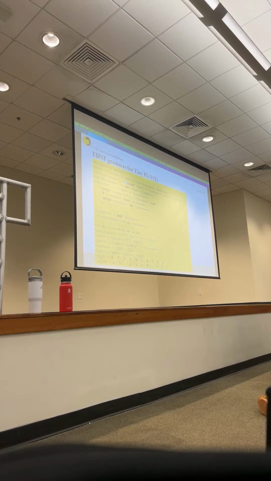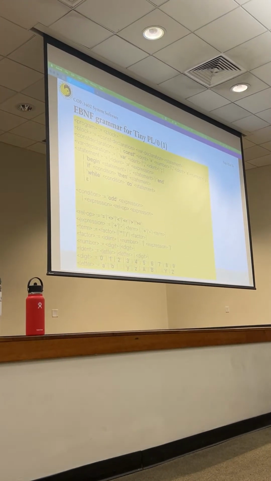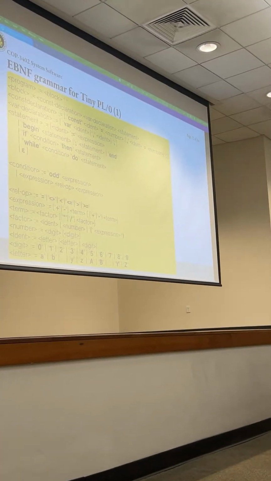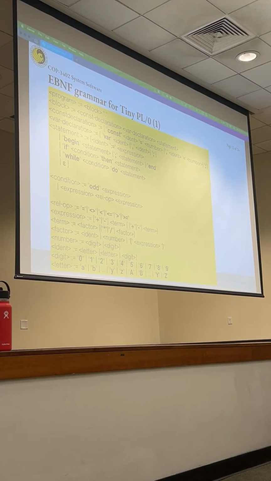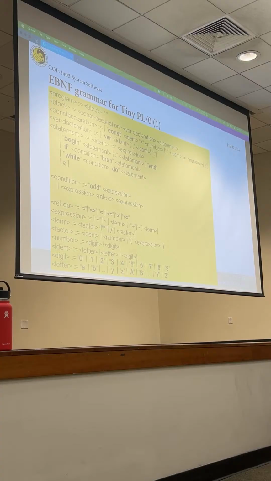Okay, but why is it considered as optional constant declarations? Let me ask you this. Why is it considered as optional? It has to come from the grammar, but why is the grammar saying it's optional? Yes?